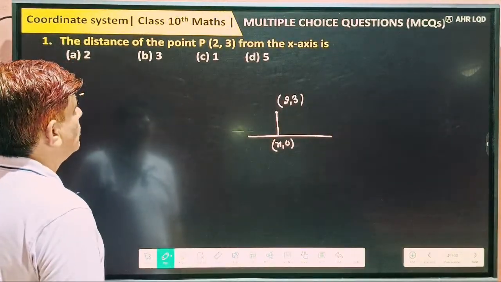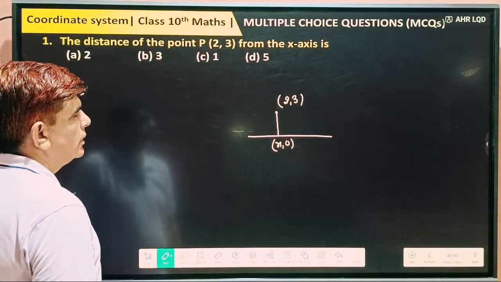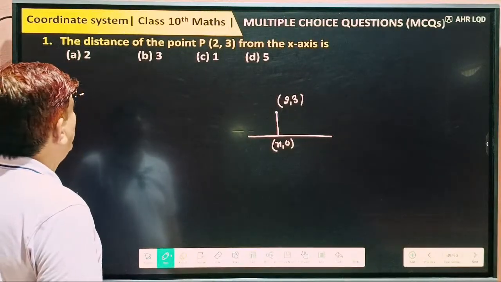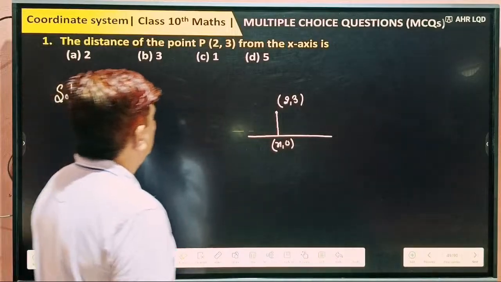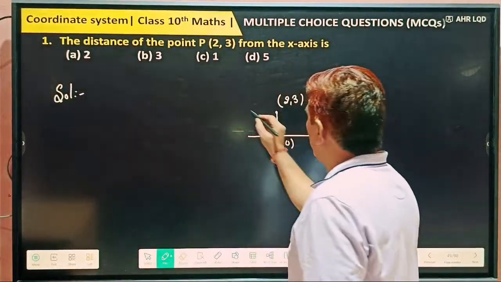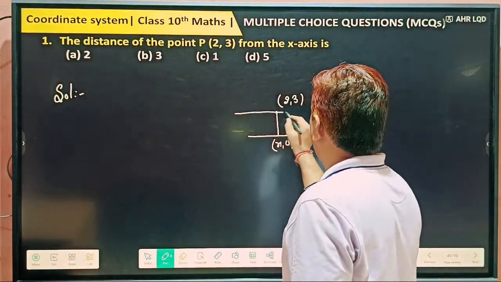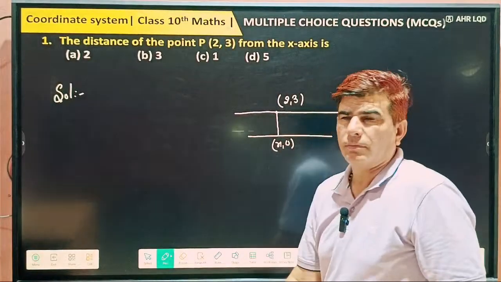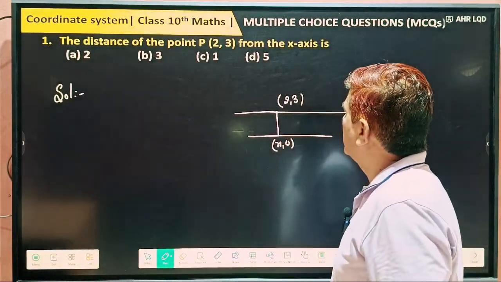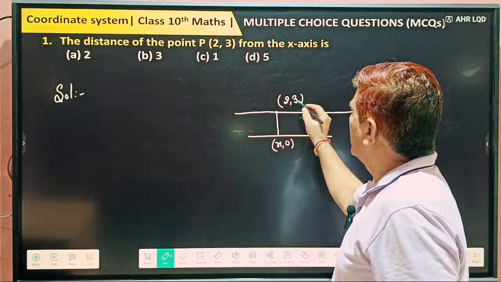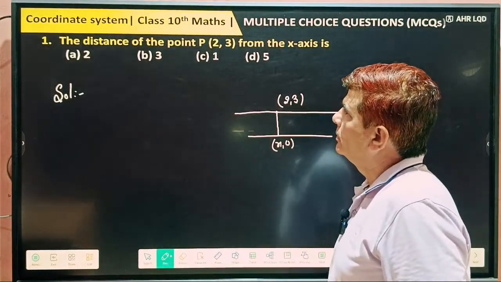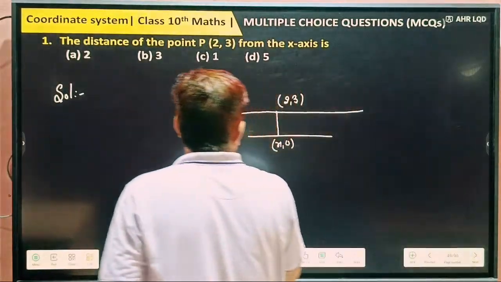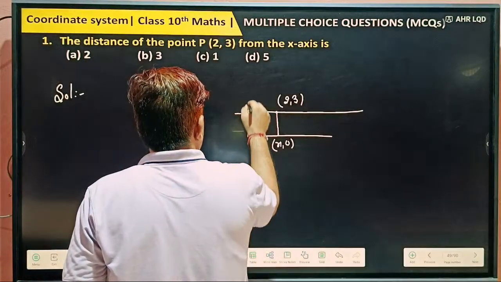The distance of this point, meaning this distance, how many units? It means the y coordinate.